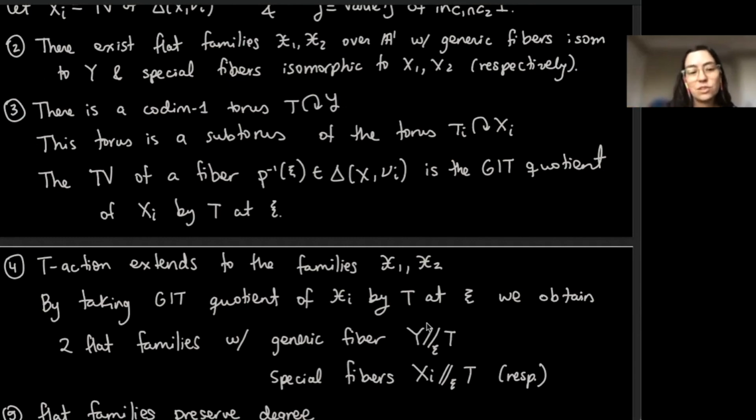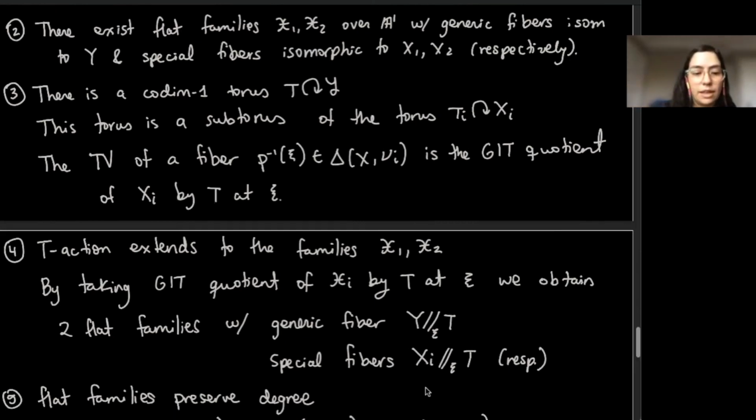So this is variation of GIT. They both have the generic fiber of this GIT quotient, and each of them has these special fibers. Remember, this is a toric variety of the fiber. That's what we discussed at step 3, for each of the fibers.